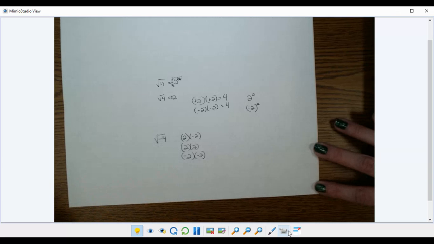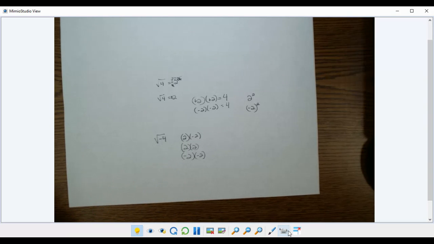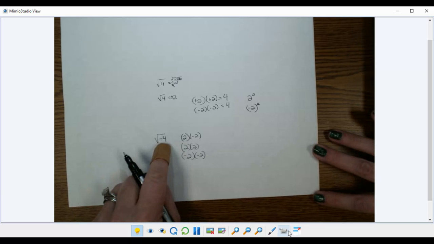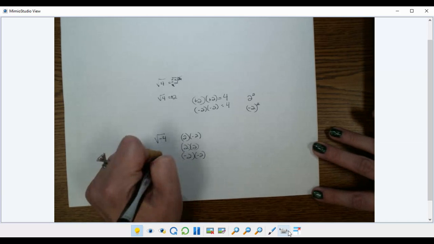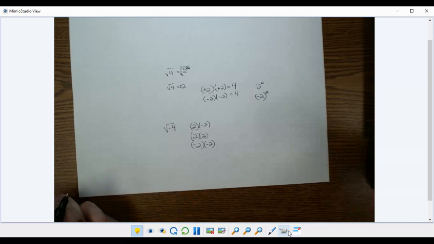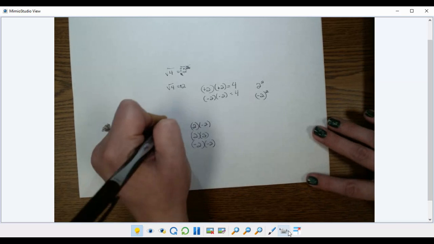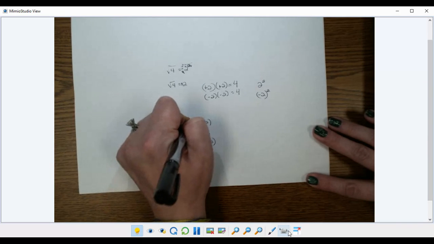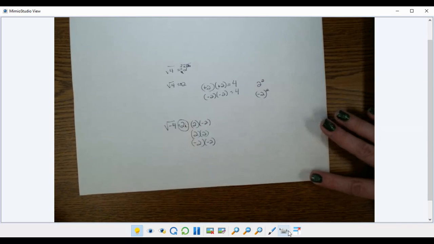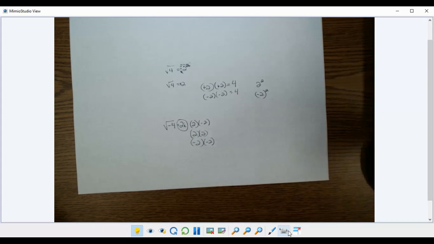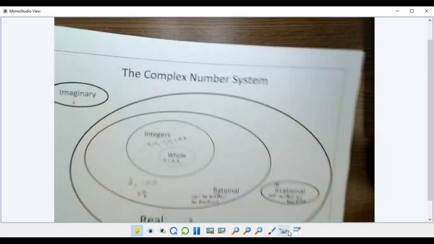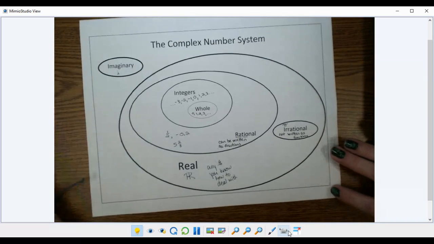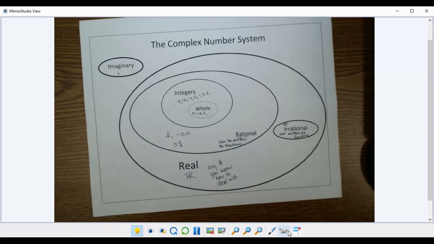Still doesn't give me -4. There's nothing times itself that will give me a negative number. So what they had to do was take out that negative, the square root of a negative. This answer is actually 2i. It's an imaginary number. That is my super, super duper fast crash course on imaginary numbers. Just know it's coming, and it's fun because it's unique.